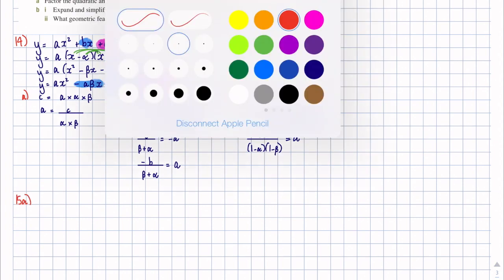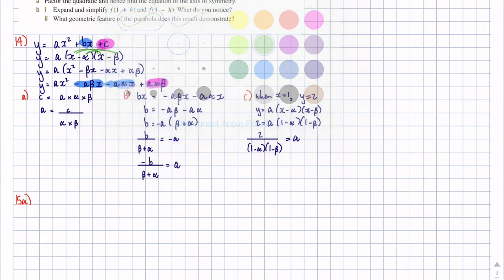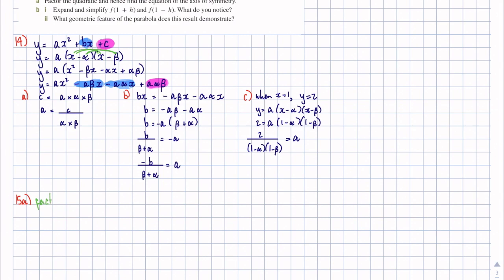So let's factorize. I'm going to write myself directions. Factorize. So I've got f of x is x squared take 2x take 8.